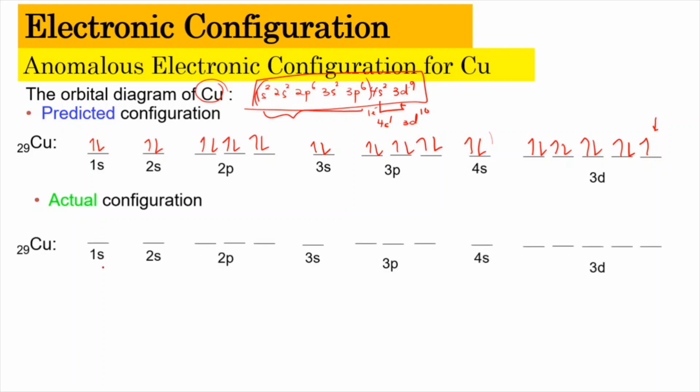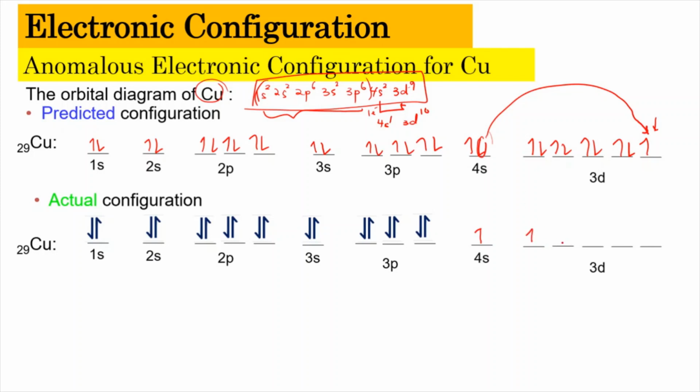So we're going to write the orbital diagram again, and we're going to complete 1s until 3p similarly as before. And then for 4s, it's going to become 4s1 because one of these has been transferred into here. So it's going to become 3d10: 1, 2, 3, 4, 5, and then you pair them 6, 7, 8, 9, and 10. Okay, and the reason is similar to before.